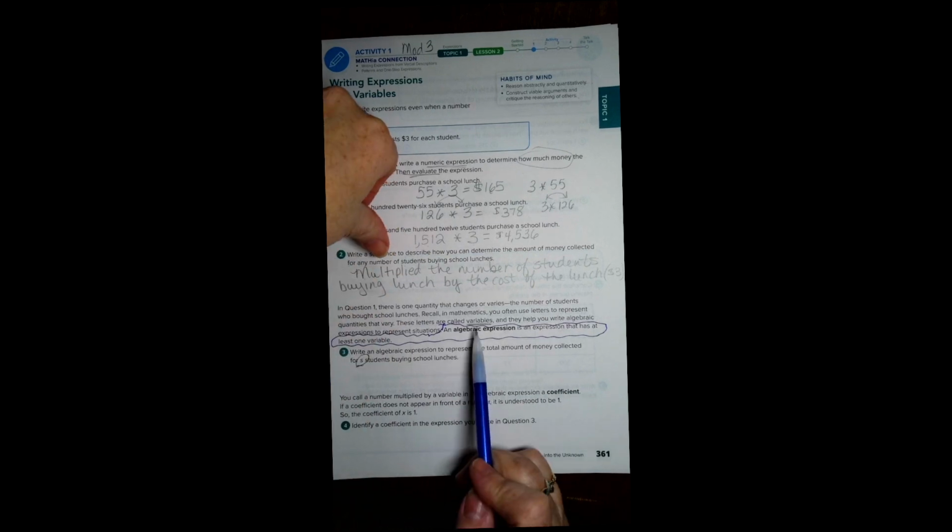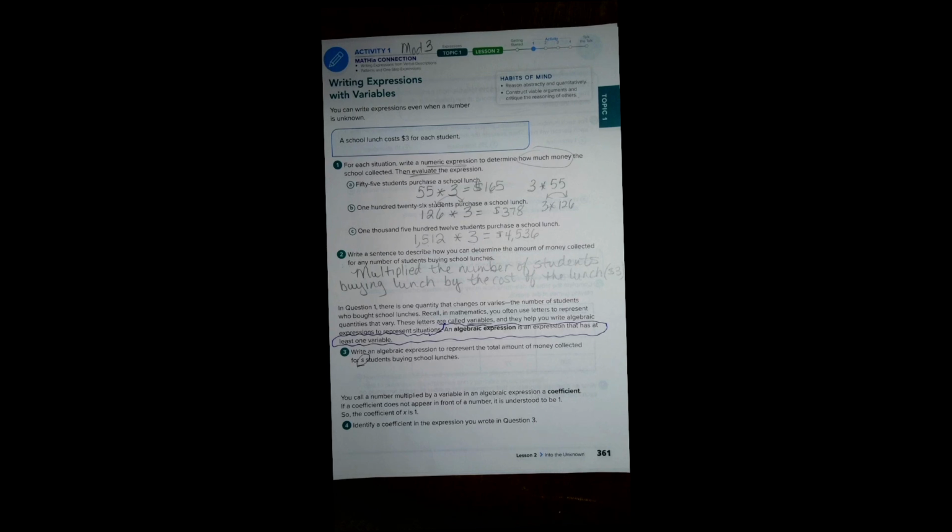Okay, so on the last video, we did numeric expressions. So we did these with just numbers. So how are these different from algebraic expressions? In an algebraic expression, there's a variable. It's really the only difference.